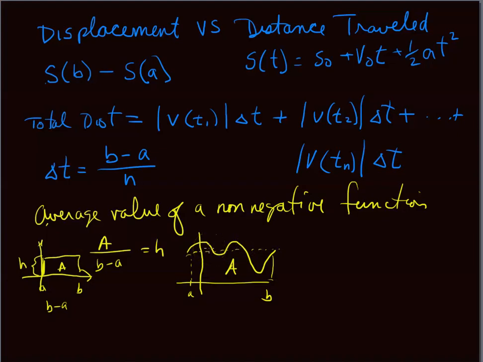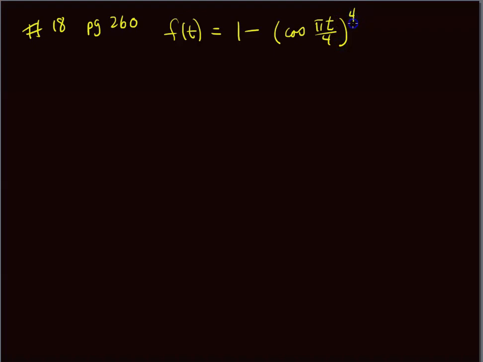For example, let's go to another screen. Number 18, page 260. They give us the function f of t as 1 minus cosine in parentheses, pi t over 4, but that's to the 4th power.